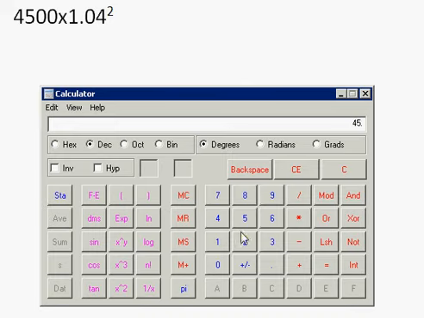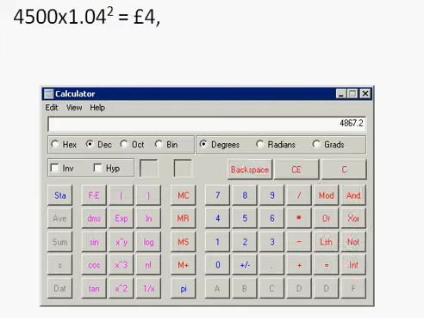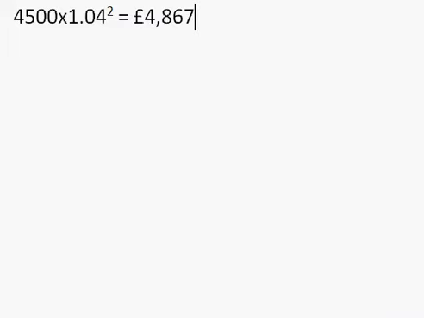So 4,500 times 1.04 times 1.04 equals, and this is the final amount in pounds, 4,867.2, and we're talking about money here, so it's £4,867 and 20p. So that's my final answer. Quite easy, quite simple.